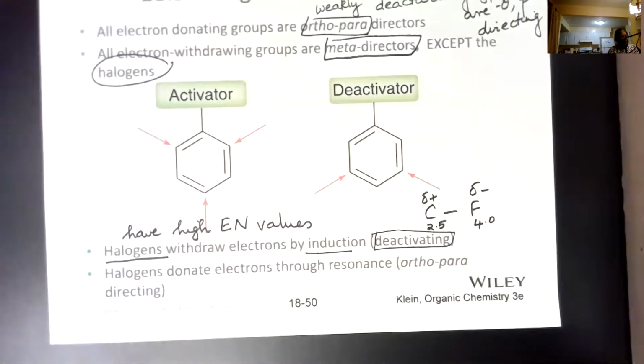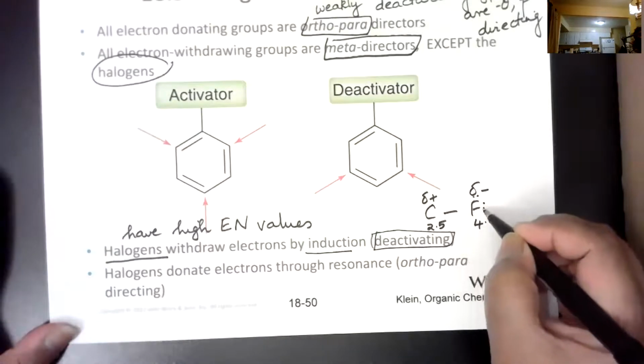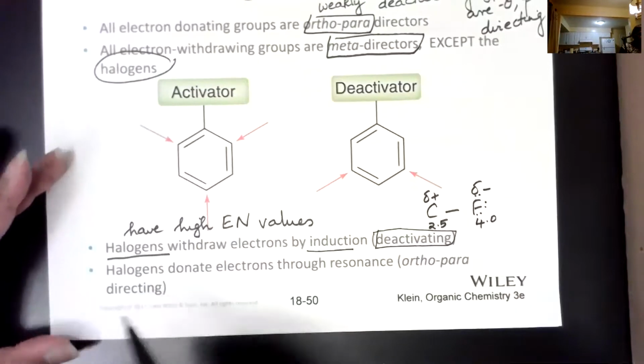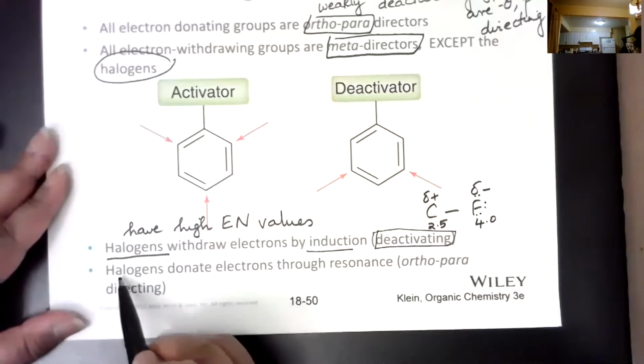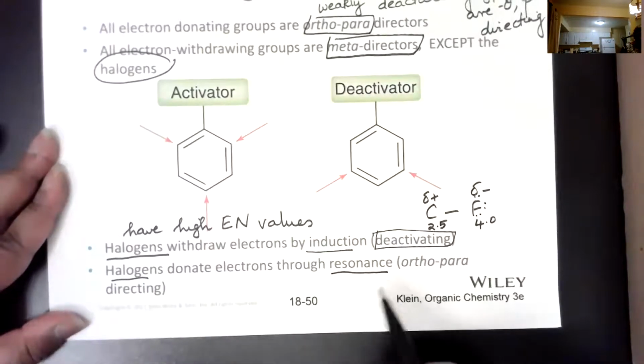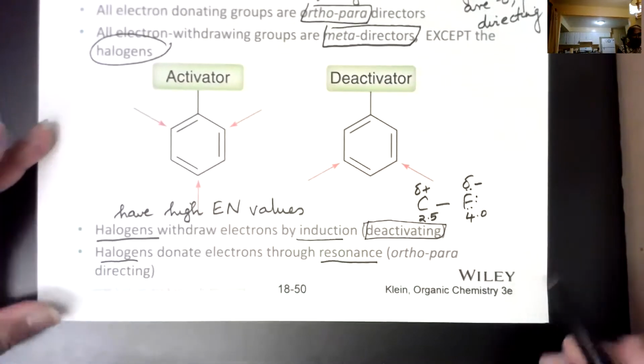But another reason, halogens also have lone pairs. So you remember with the methoxy group that oxygen had two lone pairs, and he was able to give one into the ring. So halogens donate electrons through resonance, and therefore they are ortho-para directing.